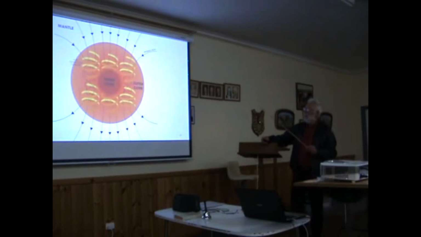So what we're looking at here is the dynamics of the molten morass of iron in the core of the Earth, circling like vortices in a very chaotic way.